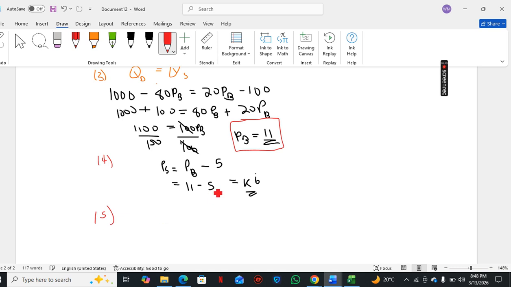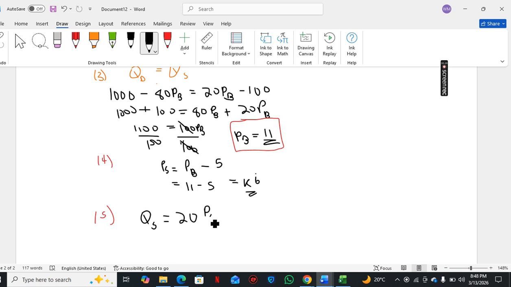If we use the supply function, QS equals 20 PS, where PS equals 6 kwacha. So 20 times 6 is 120.